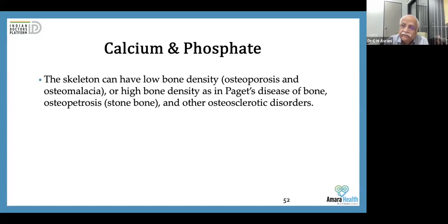The skeleton will have low density, either osteoporosis, osteomalacia at a young age, or high bone density, as in Paget disease of the bone, osteopetrosis. Osteopetrosis is the reverse of osteoporosis. That is porous bone. This is stony bone. And other osteosclerotic disorders, where bones have become hardened.